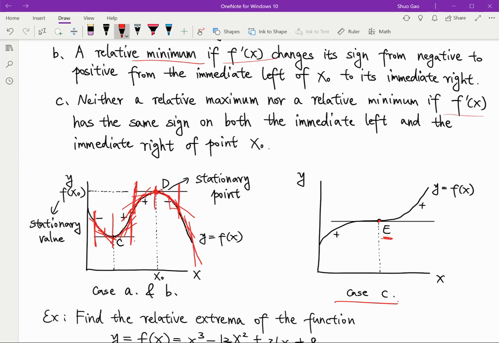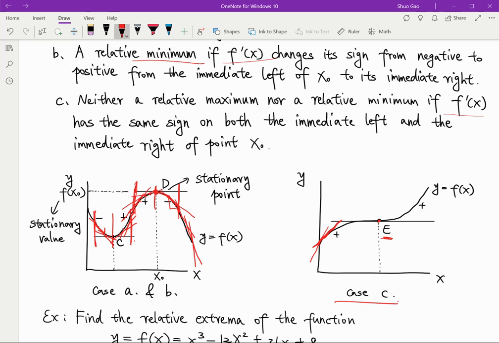So this is like when you draw the tangent line little by little, you can find that at first, the slope is very large, a very large positive number.